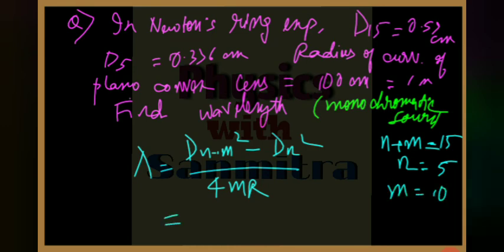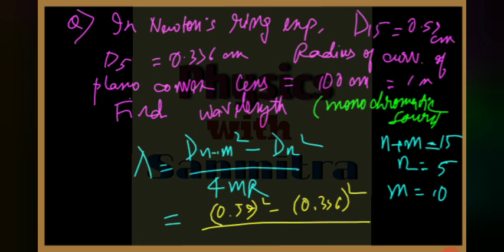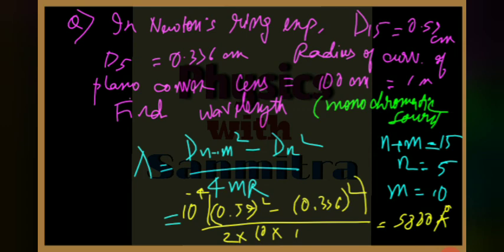Now let's solve this one. d(n plus m) is 0.59 square minus 0.336 square, these are in centimeter, divided by, and the centimeter I have to convert into meter, so 10 to the power minus 2, the whole into 10 to the power minus 4. Now it is in meters. 4 into m is 10, into radius is 100 centimeter, that is 1 meter. So if I solve this, I will get my answer as 5880 Angstrom. Okay, this is my one application.